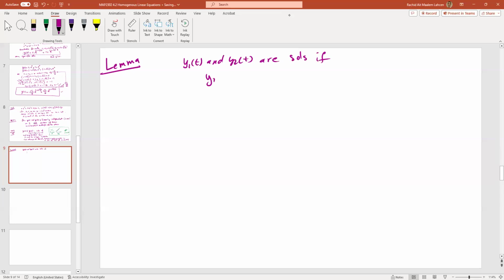Here they put tau, but I'll just put t to make it easier. And this is called the Wronskian.